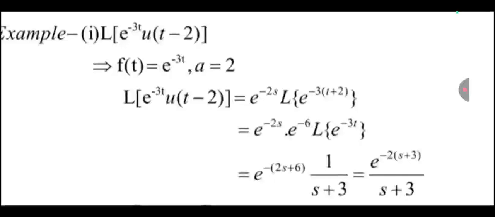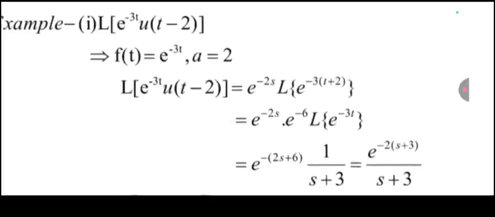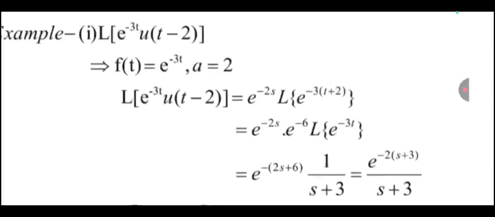So e power a plus b. Now we can use the property e power a plus b can be written as e power a into e power b. So here e power minus 6 is a constant. Now take this constant out. So substitute only L for e power minus 3t.